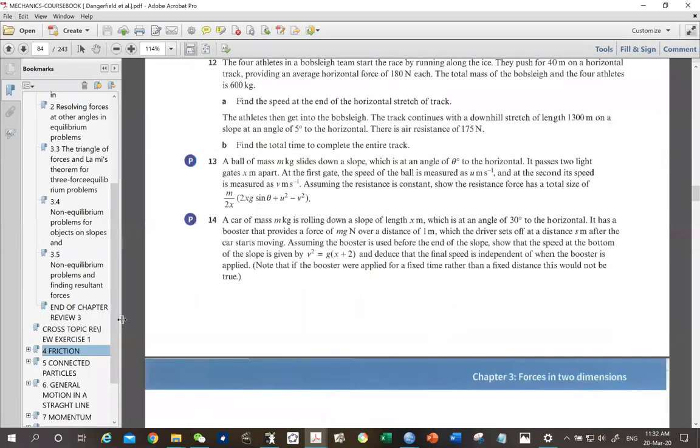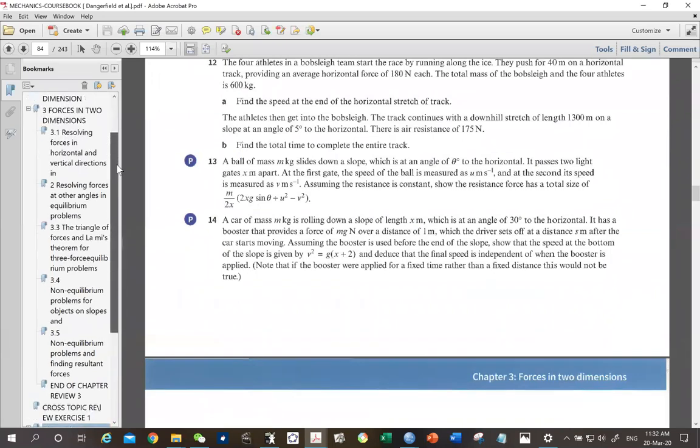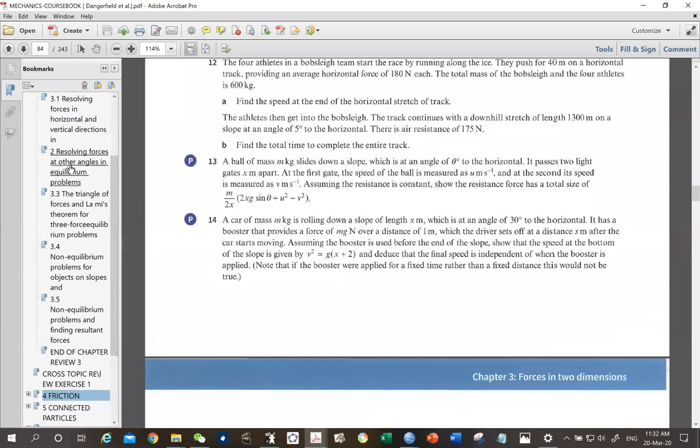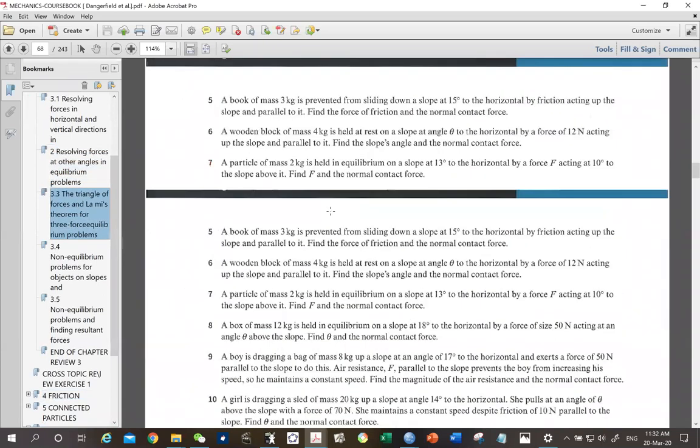This end of chapter exercise on friction. Forces in 2 dimensions. These are forces at other angles.